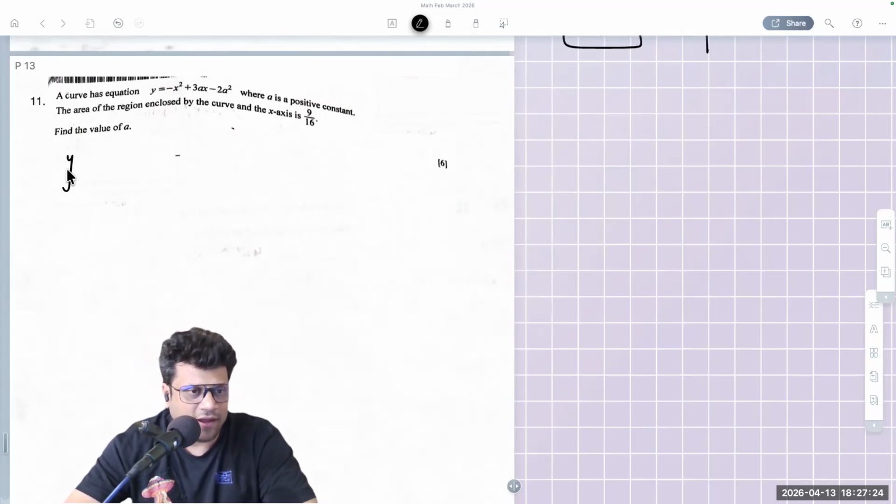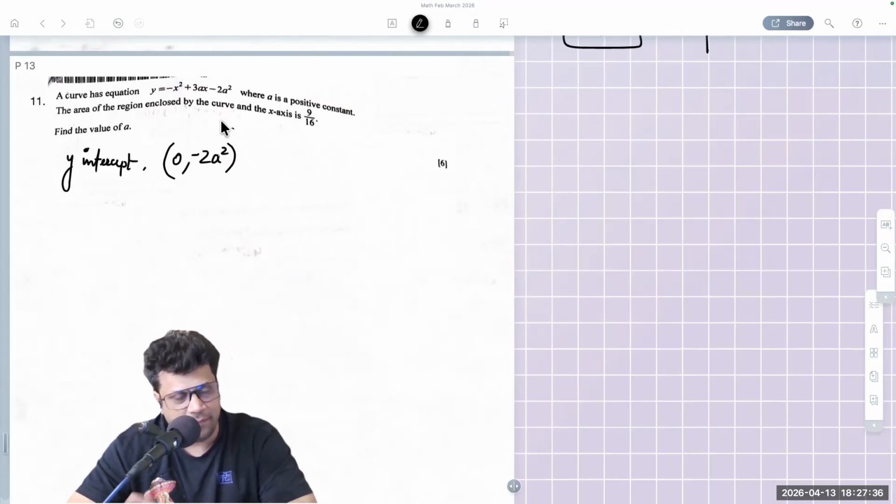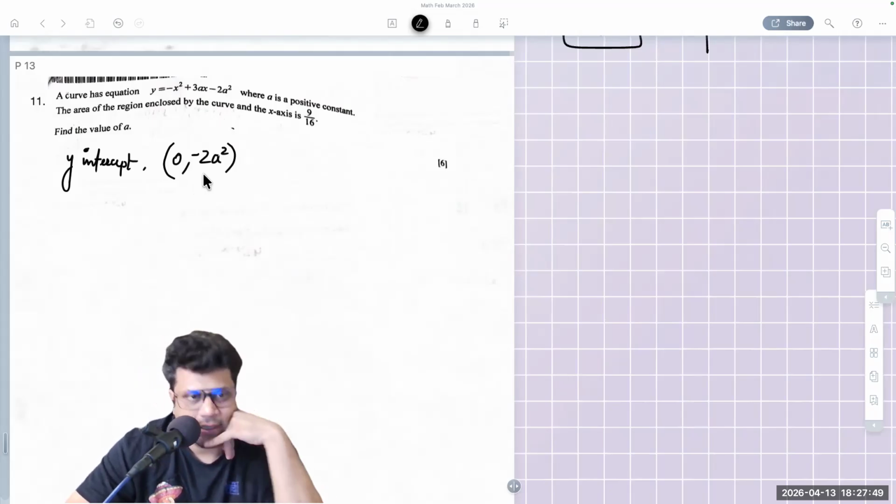And if I find out the y-intercept of it, it's 0 and minus 2a square. So this curve is not only flipped, it also has a negative y-intercept. Okay. How is that going to change anything?